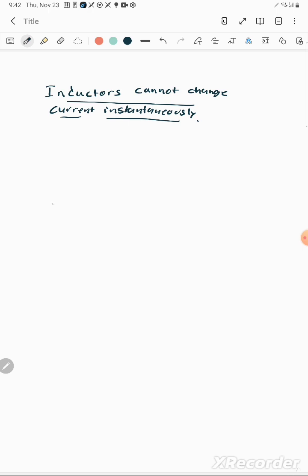Let's say we had a current source and a switch and an inductor. I have a resistor there, and over here I have a resistor.